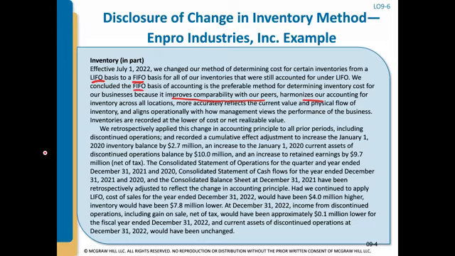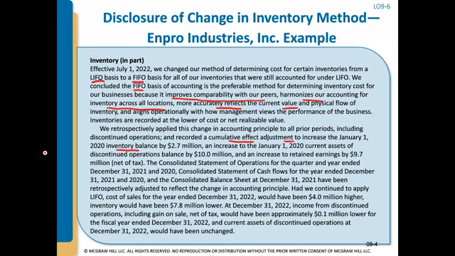It harmonizes our accounting inventory across all locations, more accurately reflects the current value and physical flow of inventory, and so on and so forth. And then they also disclose what their cumulative effect adjustment to increase the inventory balance is.